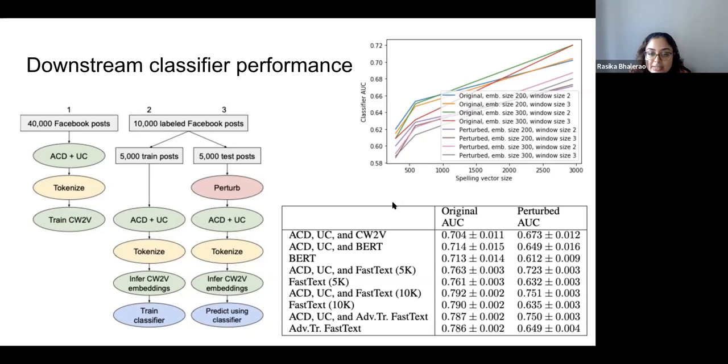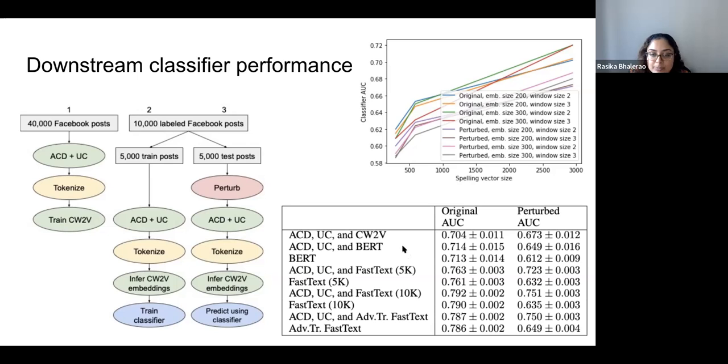Here you can see how this table in the lower right shows how our algorithm fares. When there's CW2V, that means that we used our method. ACD and UC are those string manipulation defenses.